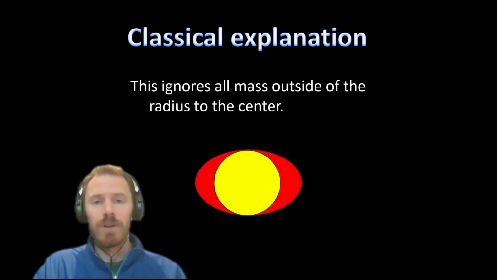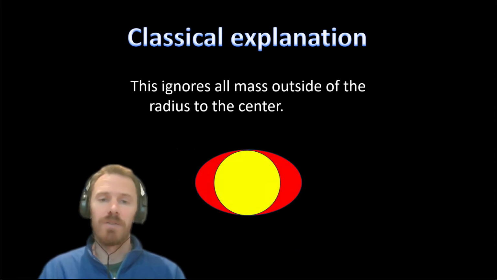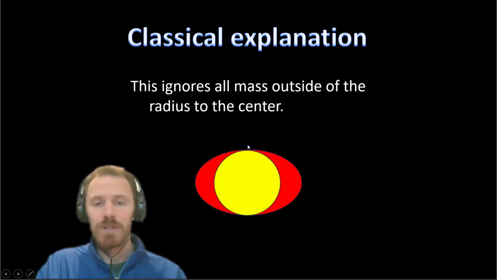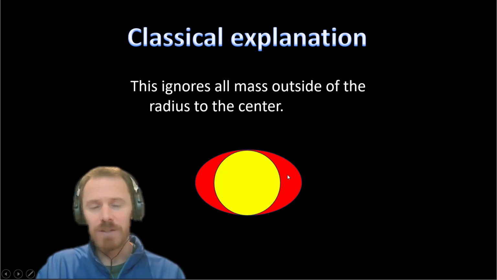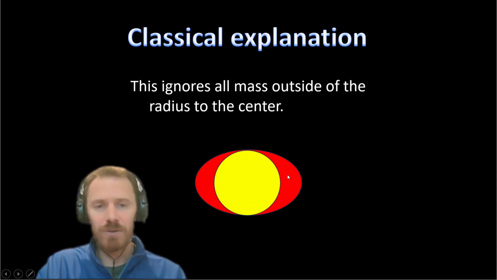The problem with the classical explanation for this is that it ignores all mass outside of the radius of the center. So if we were standing at the north pole of this mass, then all the mass within the radius would contribute to our gravitational acceleration, but none of the mass outside would contribute. This is a significant proportion of mass that has no gravitational effect.